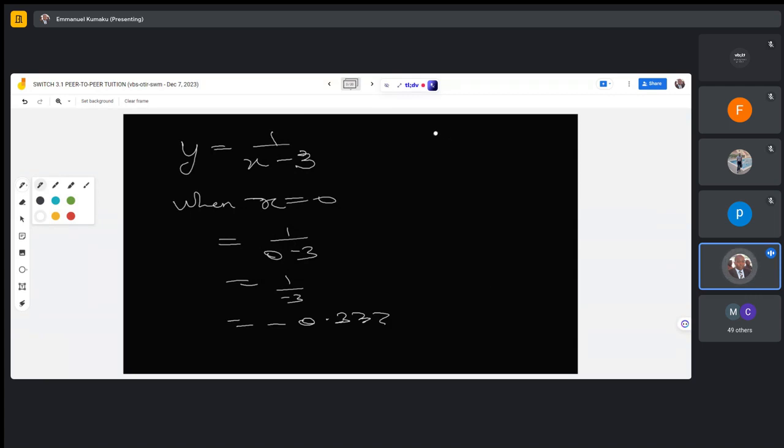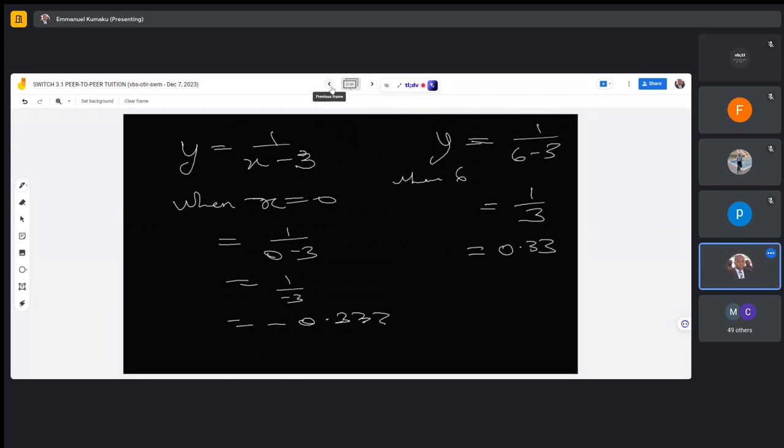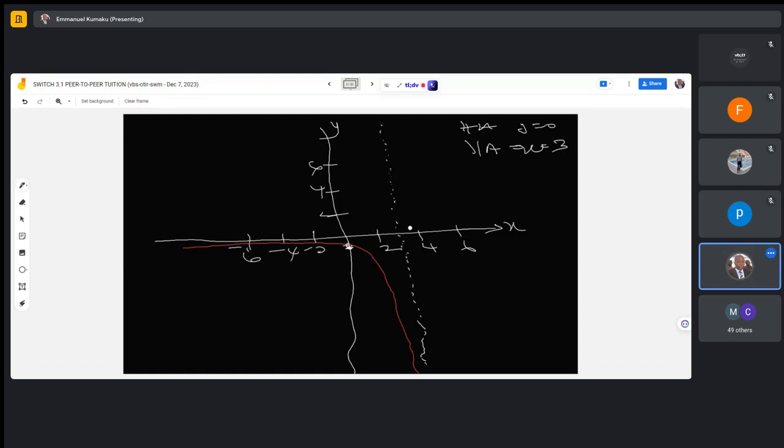So when s is equal to 6, we are going to have y equal to 1 over 6 minus 3, and that is going to give us 1 over 3, which is approximately 0.33, positive. So let's go back to our graph. So 6 against 0.33 is somewhere just above the s-axis.